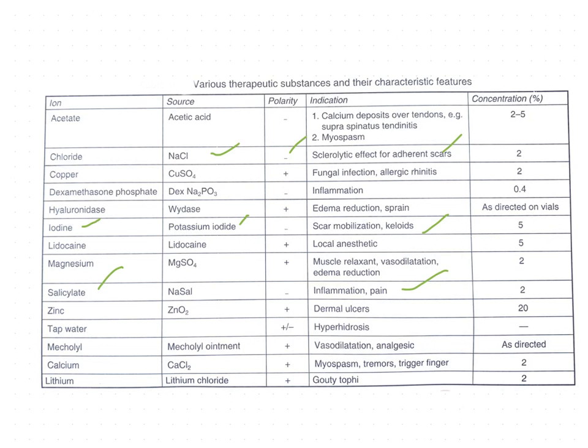Now we will see some of the positively charged ions, that is zinc ions. It is obtained from the solution of zinc sulfate or zinc chloride. They have mentioned zinc oxide also, for the treatment of infected superficial wounds, dermal ulcers, sinuses and mucous membranes, and also for destroying exuberant granulations on wounds.